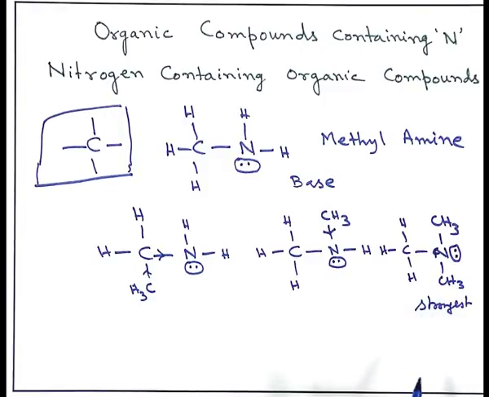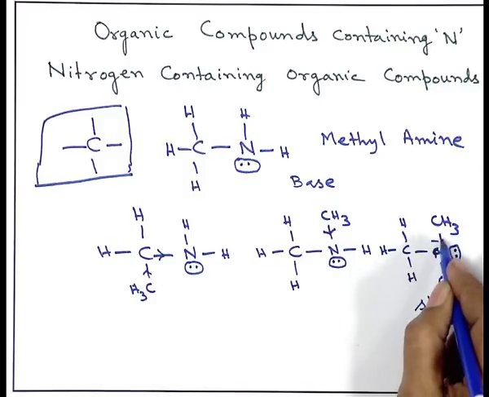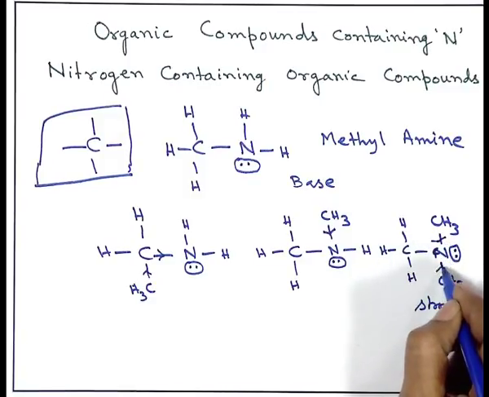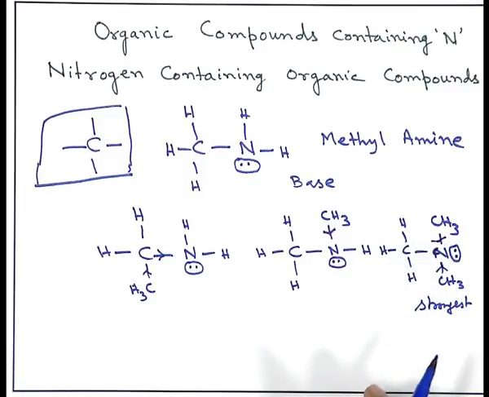Why? The reason being 2 methyl groups will increase the electron density of the nitrogen atom. So, the electron density will increase, the capability to donate electrons will also increase, so it will be a stronger base.